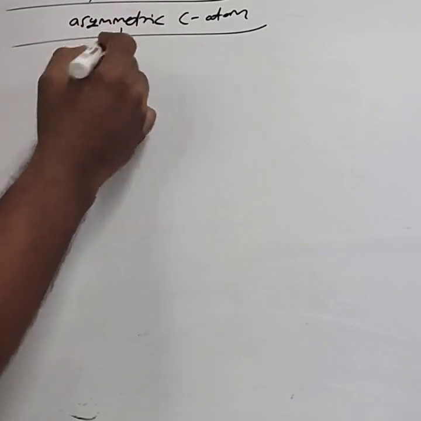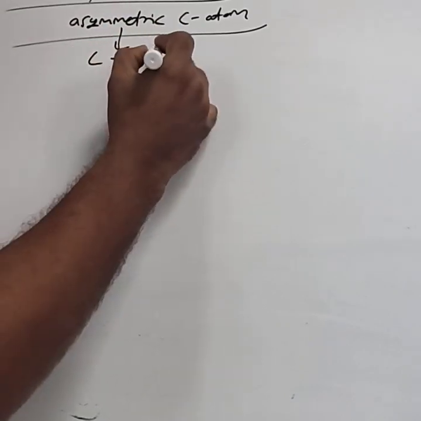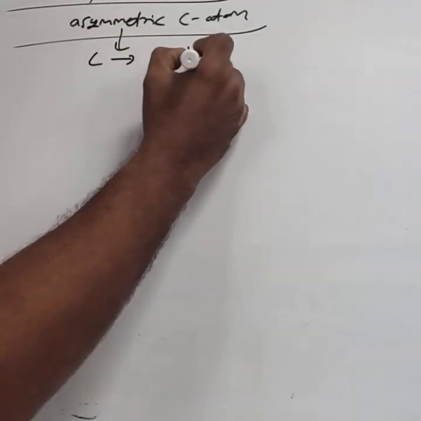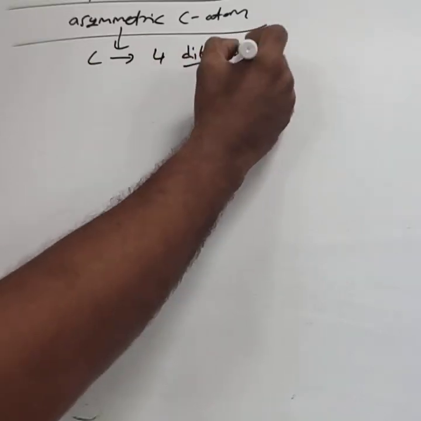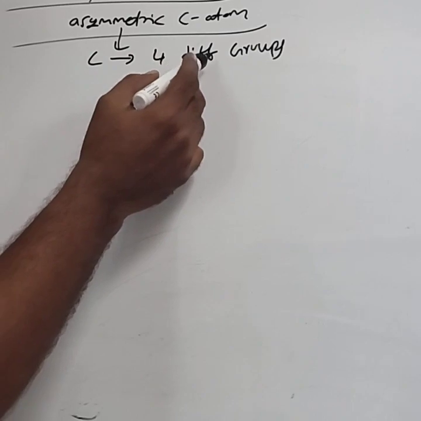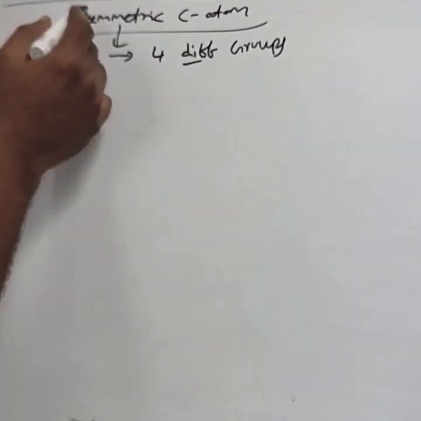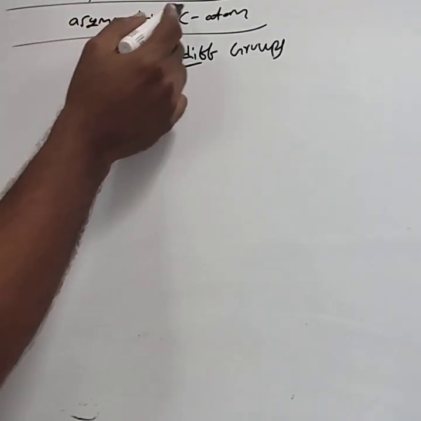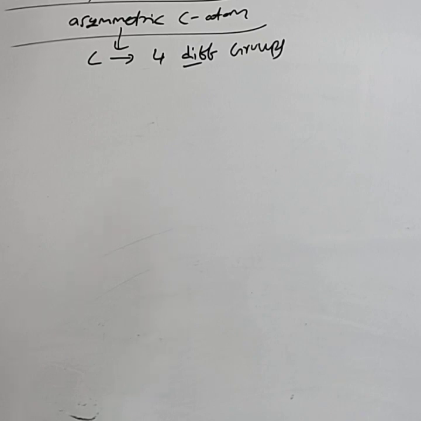Asymmetric carbon atom means a carbon atom bonded to 4 different groups. This DL configuration is based on the position of the substituent group on the asymmetric carbon atom.